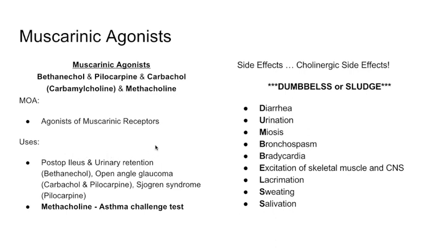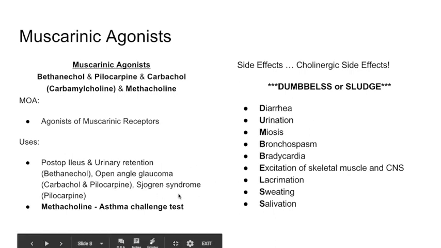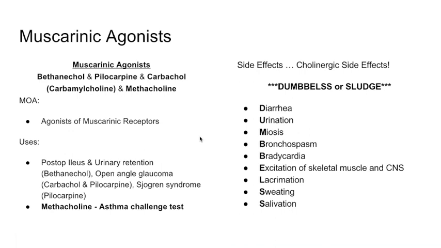If somebody has just had an operation and they're not pooping or passing gas, we might give them bethanechol to get GI movement. It could also be a side effect: you could get diarrhea, which is not what you want. Maybe you're taking pilocarpine for Sjogren's syndrome to cause lacrimation and salivation, but you could get diarrhea as a side effect of that medication. So some of the effects are what we want, depending on the use.